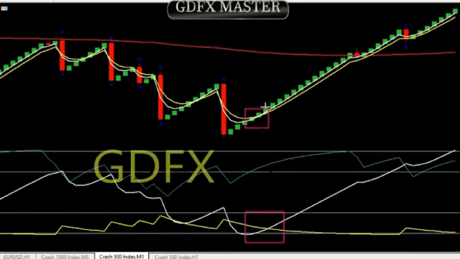You can do the settings in your smartphones and it works accurately. If this thing has crossed like this, please be fast about it. Enter your trade. If you have entered your trade, please do yourself a favor, take like 5 to 10 candles and you are out of the market.